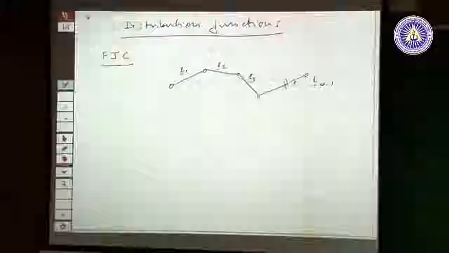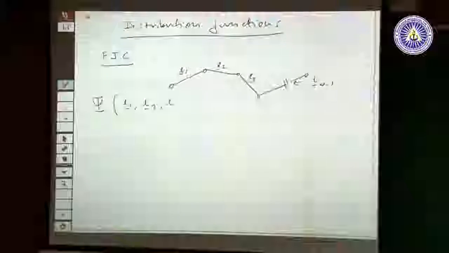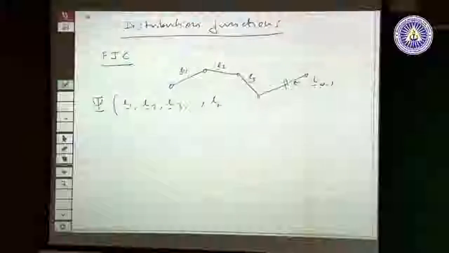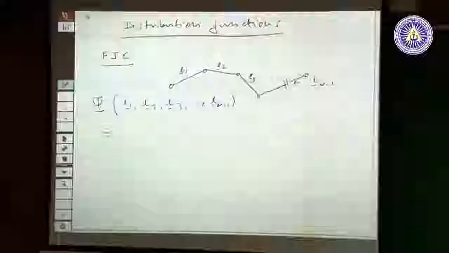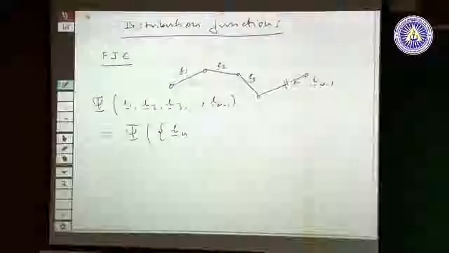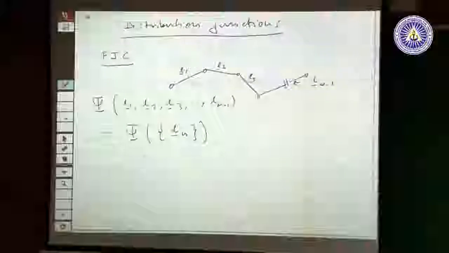We are interested in the distribution function, which I will write as psi. In general one would write it for these bond vectors all the way to L n minus 1. I am going to use a shorthand notation, meaning the set of all L's.